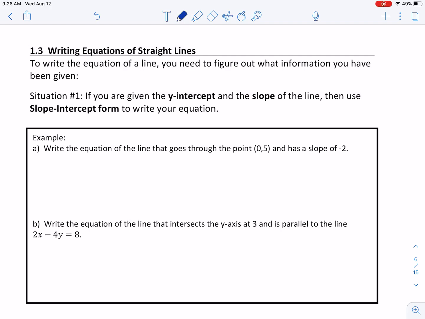Now focusing on writing equations of straight lines, or writing linear equations, when we're given certain pieces of information. For most of these example problems, we're going to be writing our equations in slope-intercept form. If you recall from the previous section, slope-intercept form is y equals mx plus b.